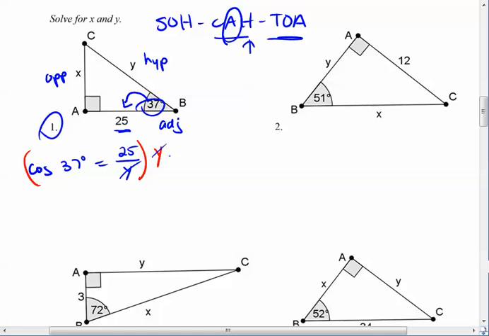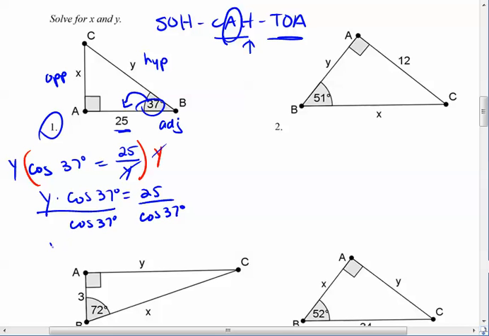So it cancels on this side, but on the other side we get y times the cosine of 37 degrees equals 25. Now, of course, to solve for y, we're going to divide by cosine 37 degrees on both sides. So now we have y equals 25 over cosine 37 degrees.